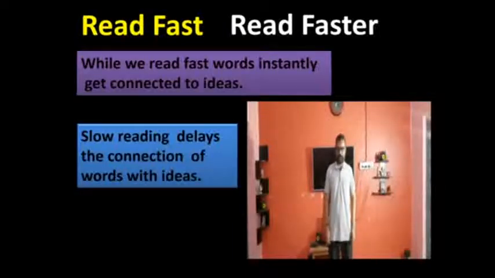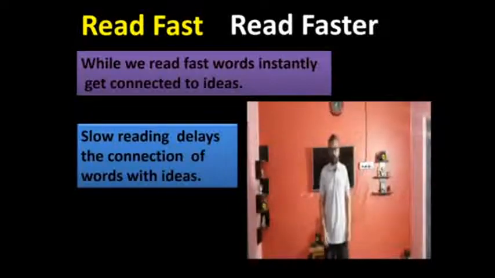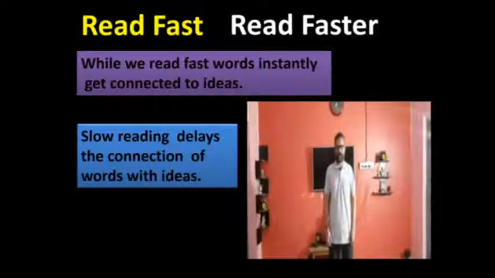The second principle is to read fast. You might find it strange when I say that in order to understand a comprehension passage, you need to read fast. There's no doubt about that. The reason is that when you read faster, the words will be connected faster. When the words are connected faster, they connect to the ideas.